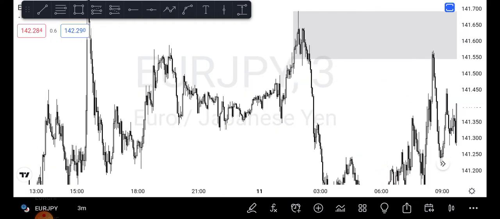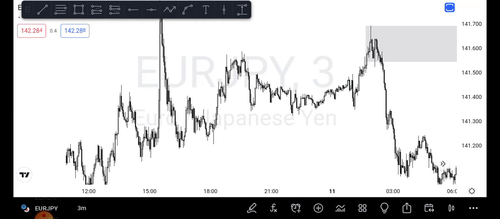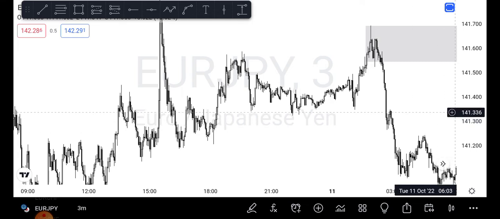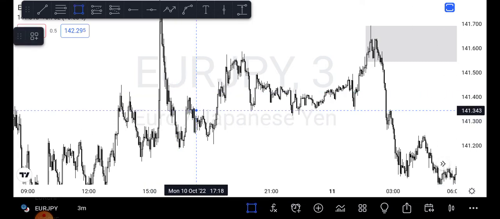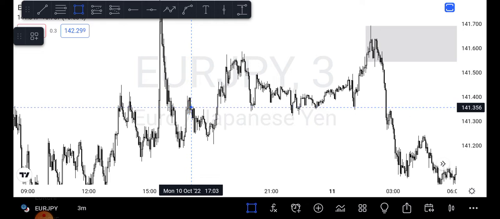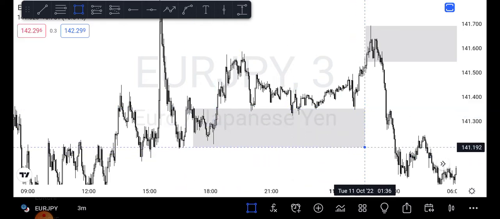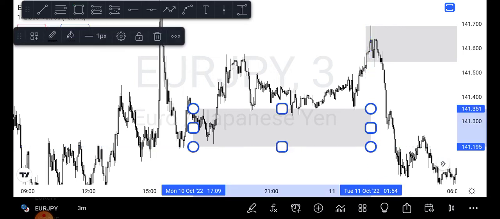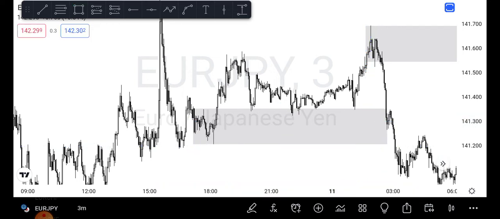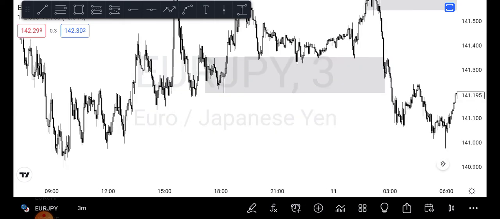Okay, good. This is an example of a demand zone. Okay, you see how markets reacted to the demand zone, then before eventually breaking below.